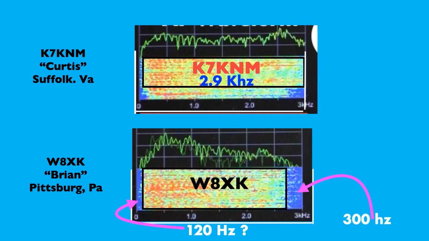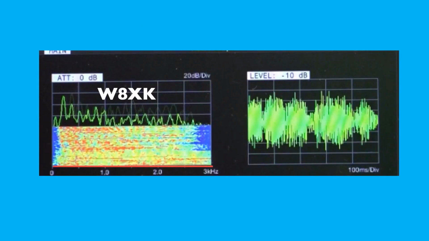Out here, though, I think this is a good 300. If we look at 2.5 here, the black shows what's left of the emission. And if we look at 3, that boxed one is 300 versus the 200 that adds up to the 2.5. So I'm going to put old W8XK at about 2.6. I think I'm going to have to send him an email and ask him what he was running so I can get to the bottom of this mystery.